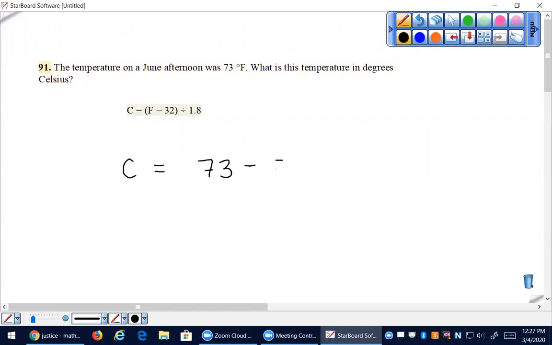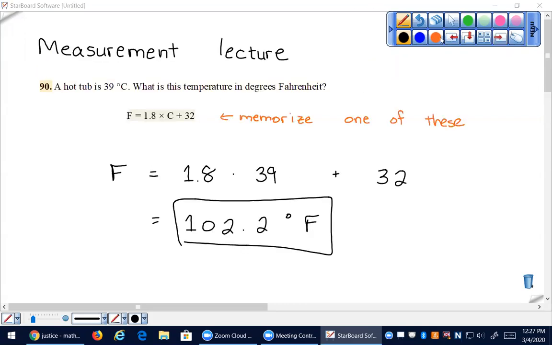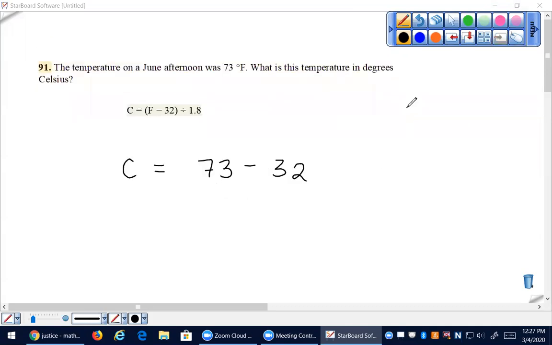Now, why does this formula need parentheses? Could you go back to the last slide really quickly? Sure. So this one, I need the parentheses because otherwise the division is going to happen first, right?